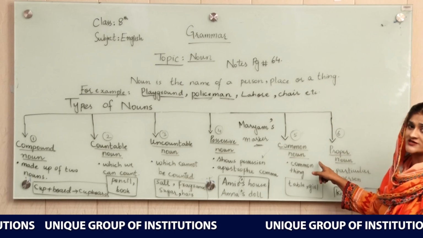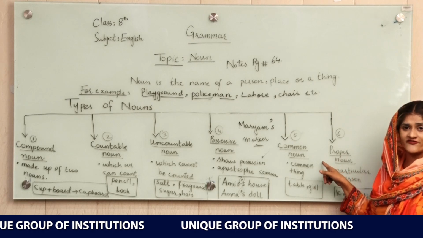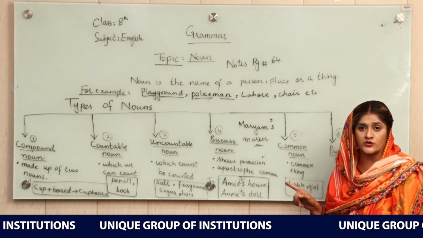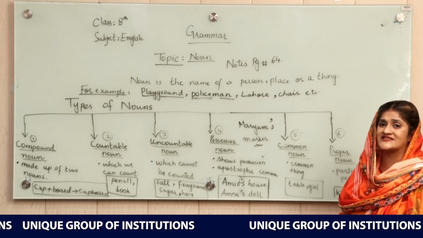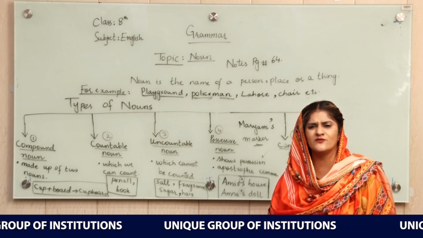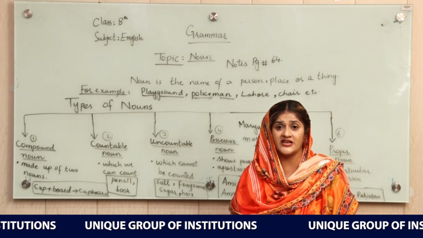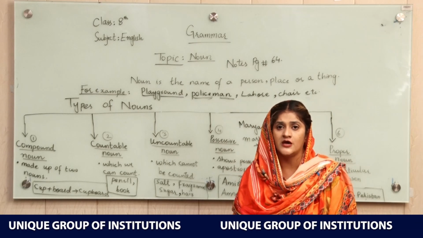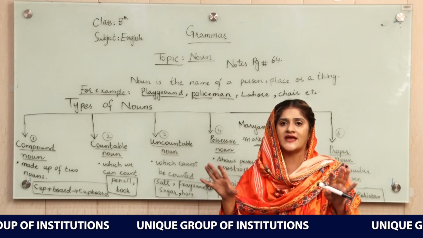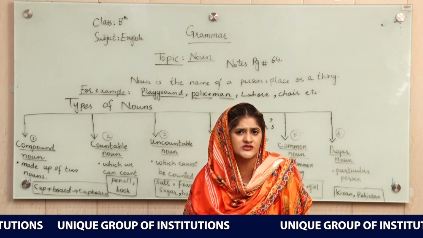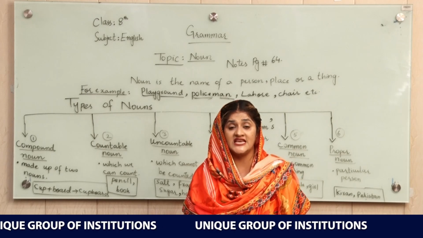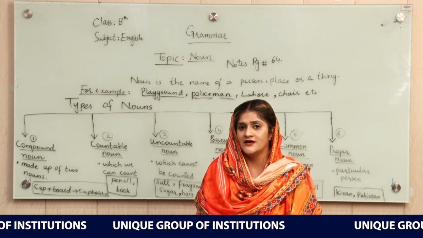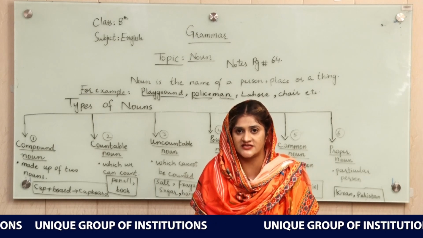Students, let's move towards the fifth one, which is common noun. The title itself is telling you common. Common means which is quite common. For example, if you are sitting in a room, you can look at your surroundings. How many things are you noticing? You can see a chair, you can see a table, you can see someone sitting beside you.